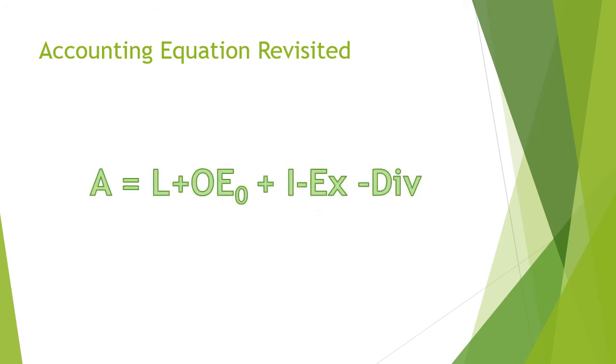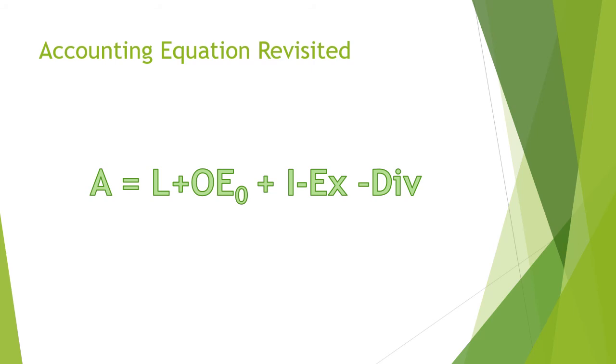Now what we are doing is we are writing asset is equal to liability plus the contribution in the beginning, which is known as owner's equity, plus income minus expense, which is the profit, and from the profit I am subtracting dividend. So basically I'm calculating the retained earnings. So asset is equal to liability plus owner's equity in the beginning of the year plus retained earnings. I hope this is clear.